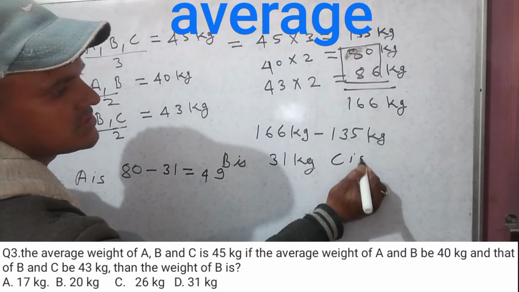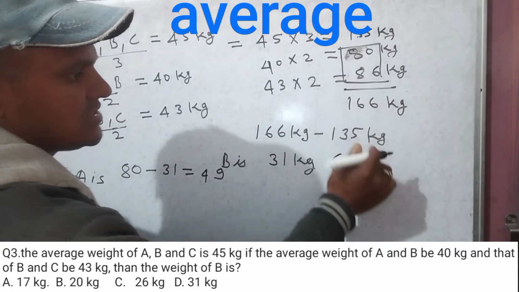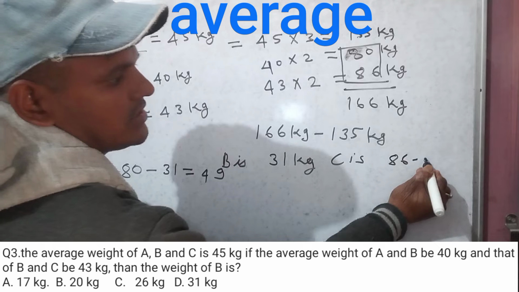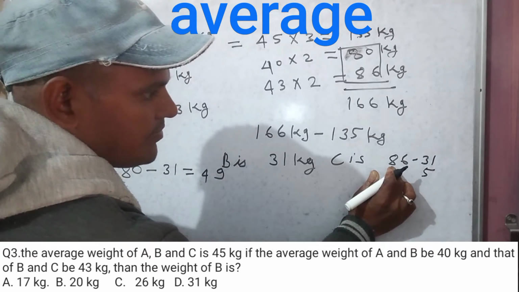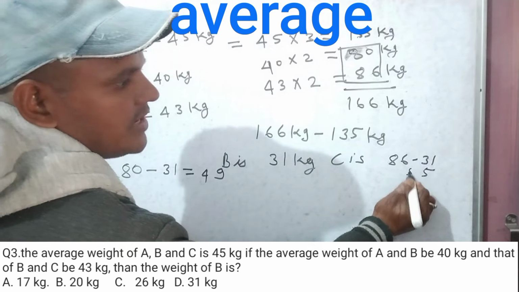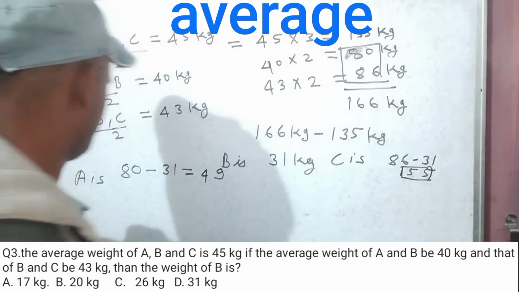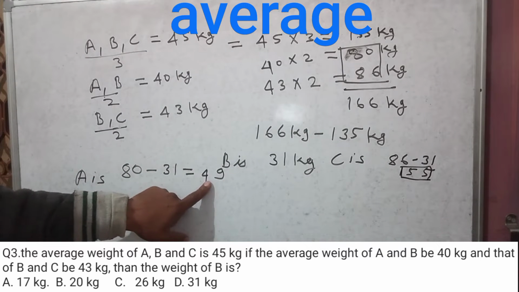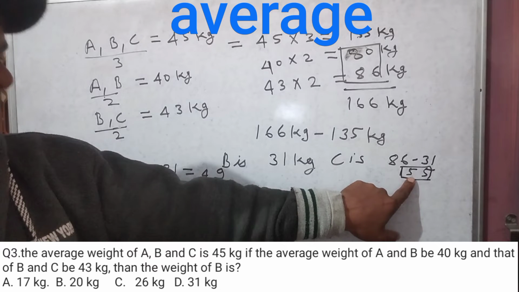So what is C? C is 86 minus 31. 6 minus 1 is 5 and 8 minus 3 is 5. So 55 kg. Right? A is 49 kg, B is 31 kg and C is 55 kg.